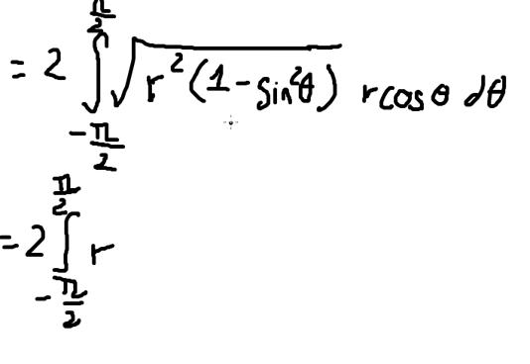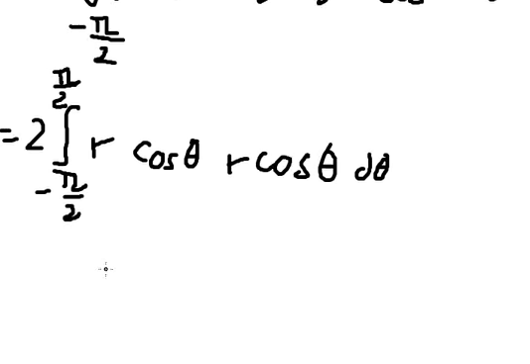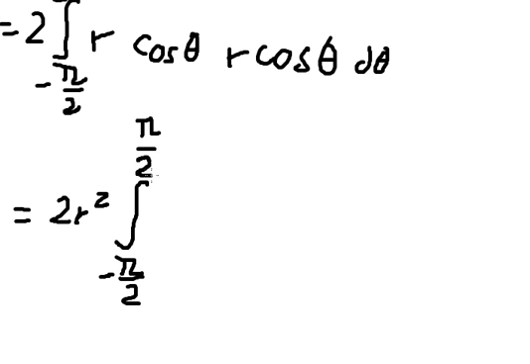This one we change by cosine theta square. The square root of cosine theta square we have cosine theta. r and r we have r square, we put outside in here. This one we have cosine theta square.